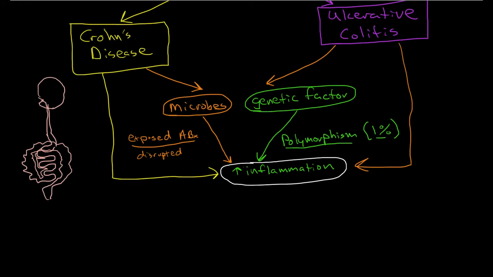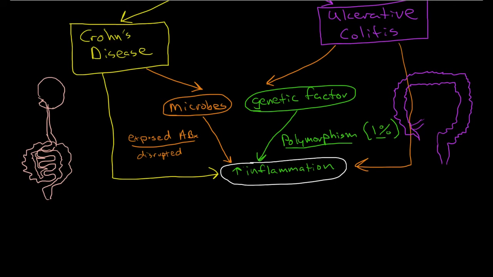Whereas ulcerative colitis really always tends to start in the rectum, and it can spread up the descending colon and the transverse colon, and then it stops there. Sometimes a little bit of inflammation can spread into the distal ileum, but that seems to be just backwashing of inflammatory molecules from the colon.